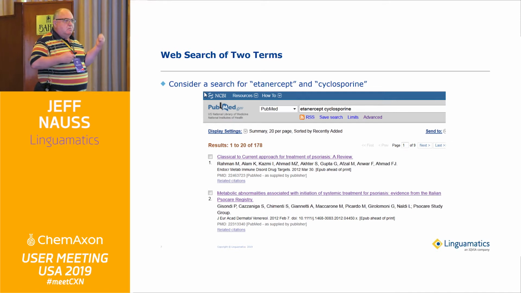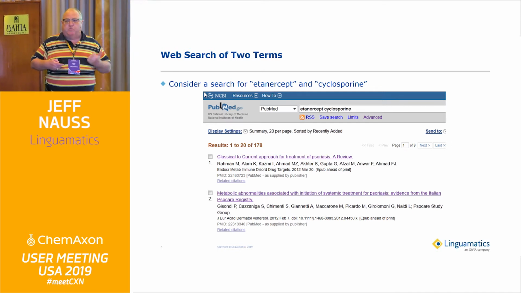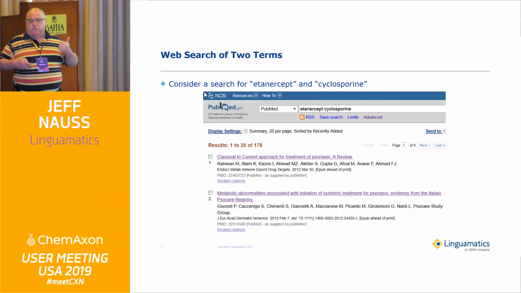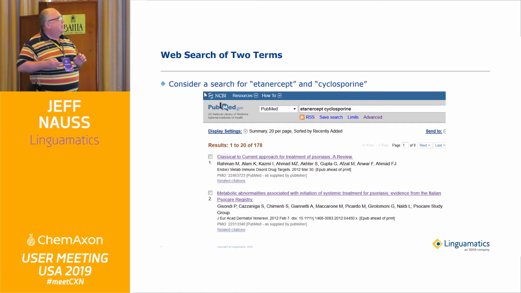Let's consider a little more detail, another type of web search, in this case PubMed. And we're searching here for two drug molecules, etanercept and cyclosporin. At the time that I ran this query to make this slide, there were many hits, but these are the first two.